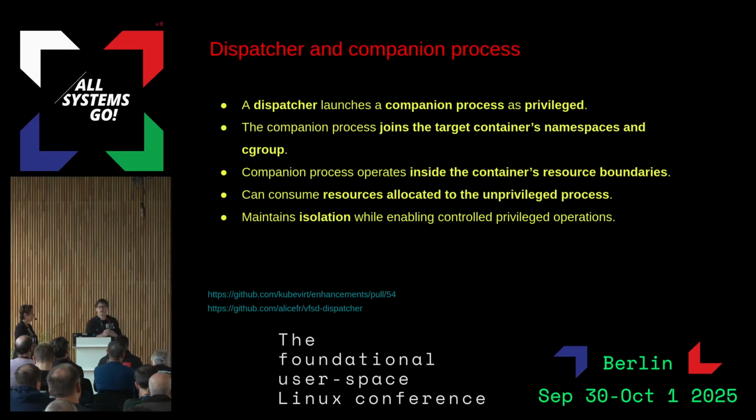So the way that we need to solve this problem, because as I mentioned before, we really need privileges in virtiofs, is to use a dispatcher process and a companion. The idea is the dispatcher will join all the namespaces and cgroups of the container that you want to run inside, and run a privileged binary, a process from outside the container, inside of the container, basically.